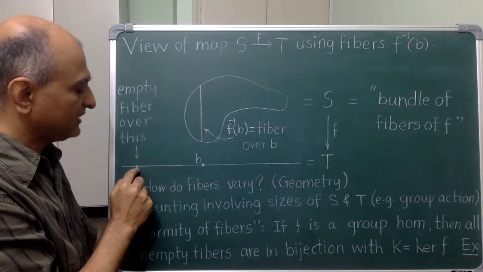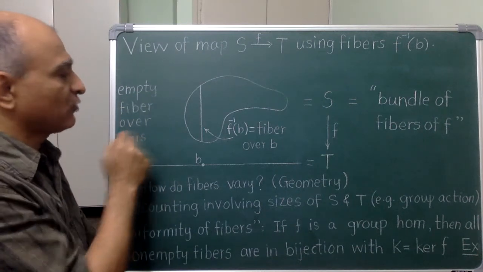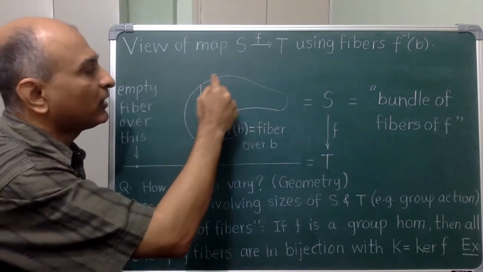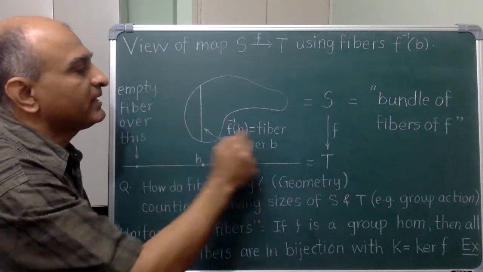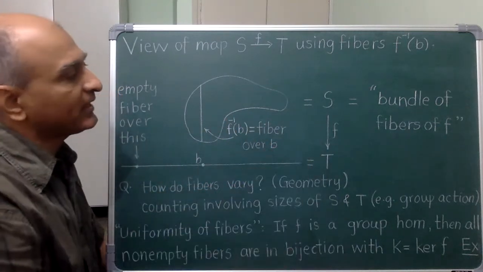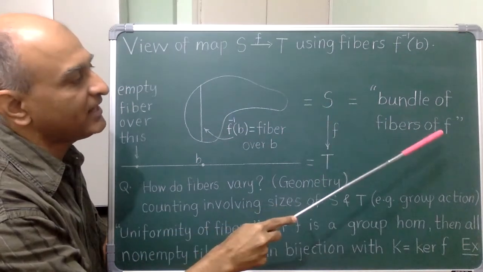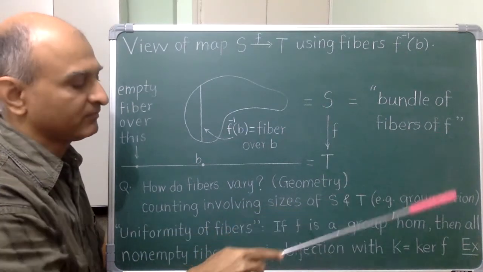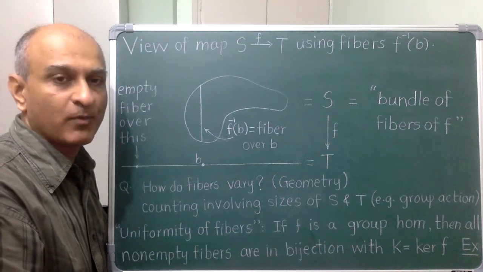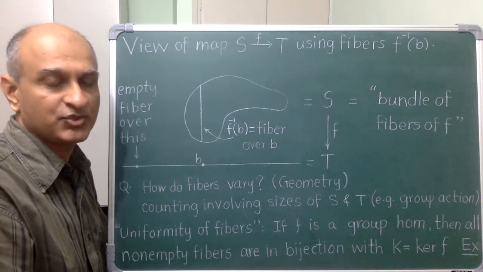Points that are not in the range have empty fiber over them. All the non-empty fibers together make the source set. So I can think of this set S as a bundle of fibers tied together by the function f. This is a very general viewpoint and can be used in many situations.